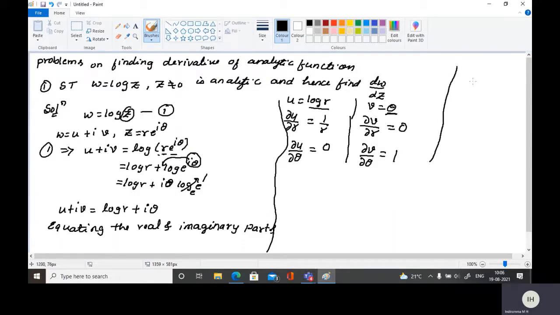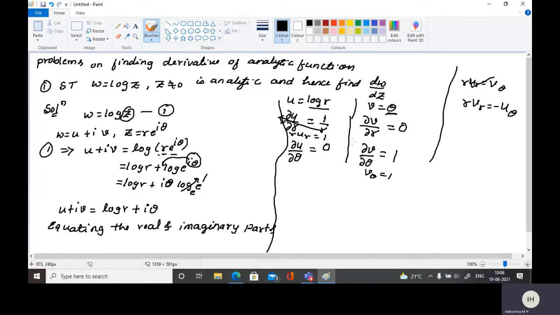So I will write our CR equations: r u_r is equal to v_theta and r v_r is equal to minus u_theta. I will check whether they are verified. For the first, r into dou u by dou r is r times 1 by r, which is 1, and dou v by dou theta is 1. That is, r u_r is equal to 1 and v_theta is equal to 1. First condition satisfied.